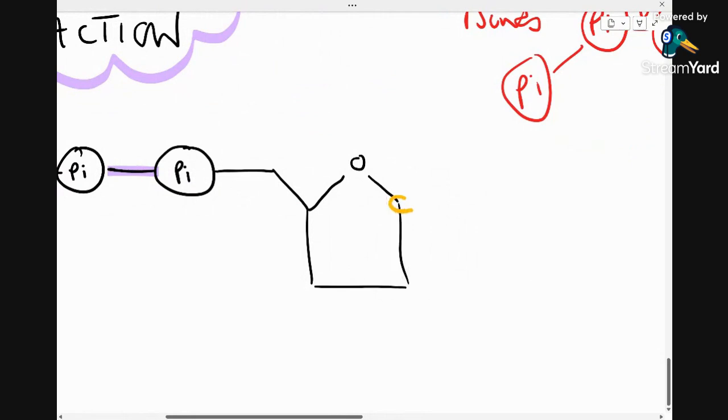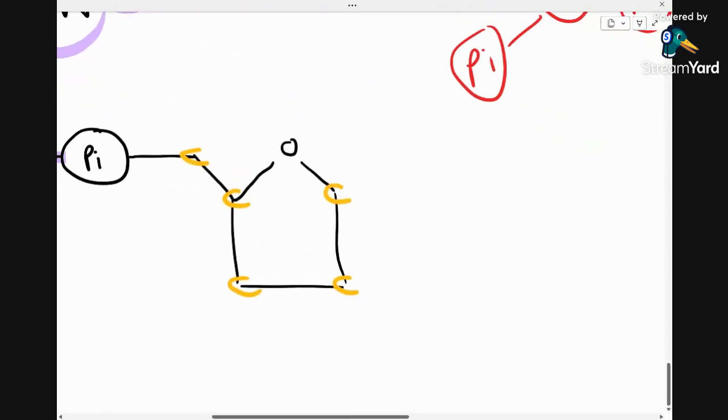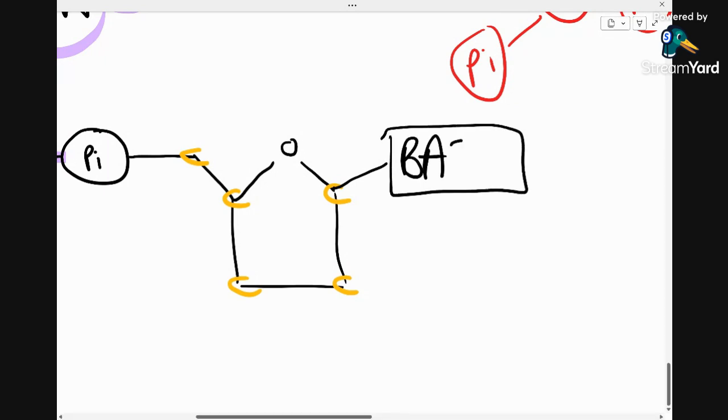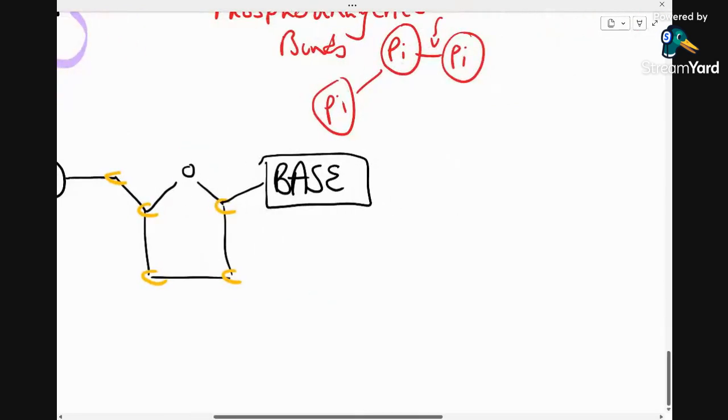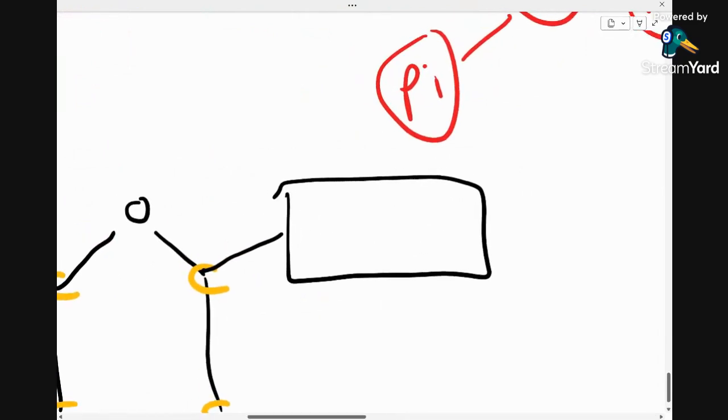Don't forget, carbon 1, 2, 3, 4, and 5. And this then connects to the bases, the organic nitrogenous bases. Do not just say base. So I'm going to change that. It's an organic nitrogenous, which I will shorten as N, base.